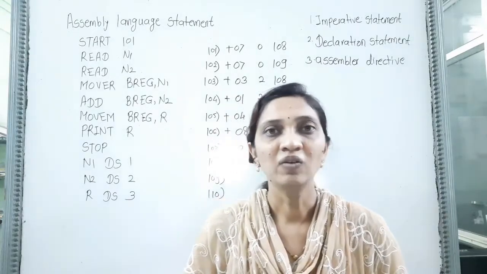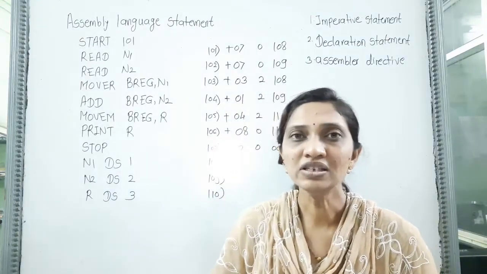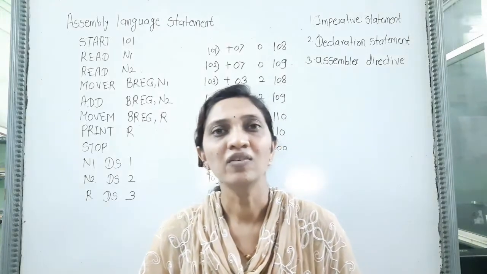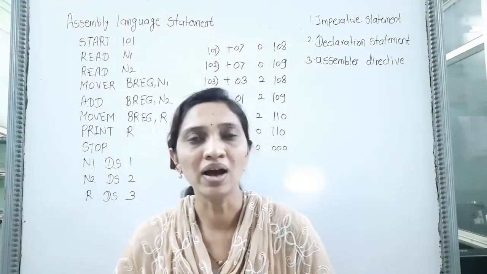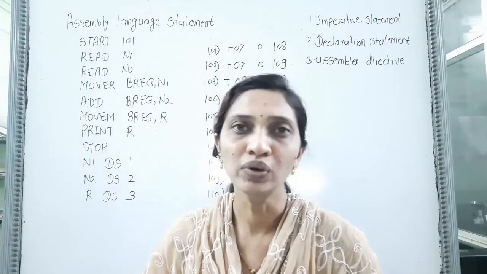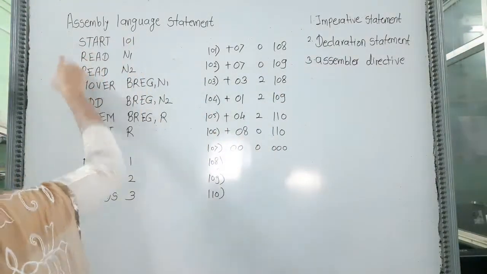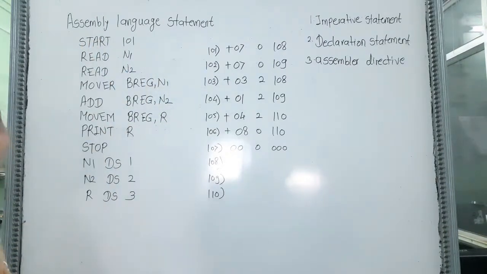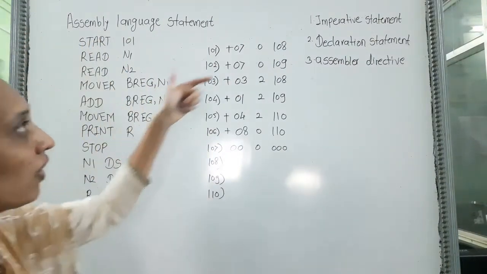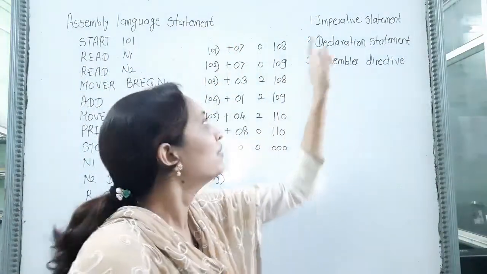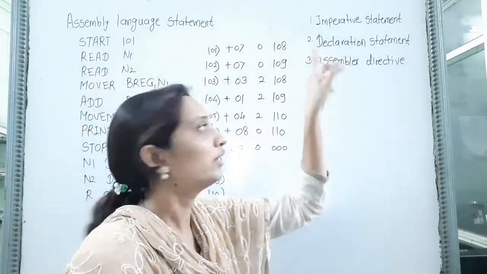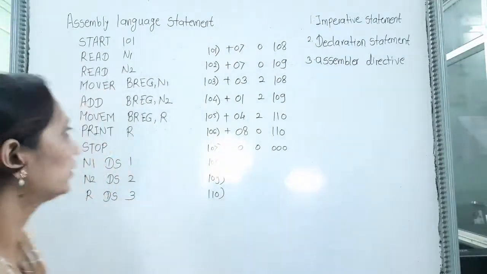We learn it one by one. To learn these statements, first consider one assembly language program for addition of 2 numbers. This program is used to perform the addition of 2 numbers. It contains all 3 kinds of statement: imperative, declarative and assembler directive statements.